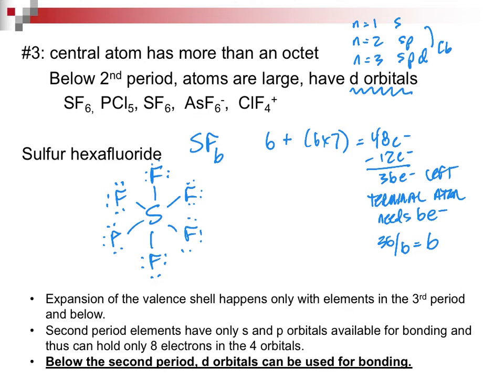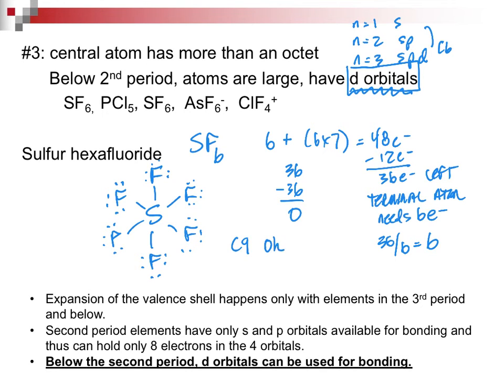That is the structure of sulfur hexafluoride. All of the electrons are used: 36 minus 36 equals 0. This only happens with elements in the third period because they have these d orbitals that can be used for bonding.